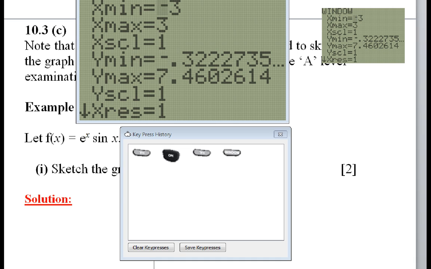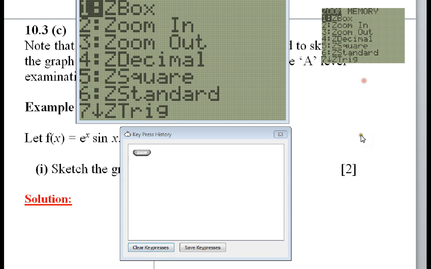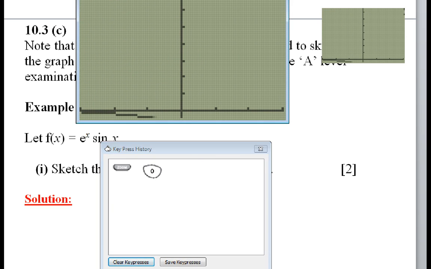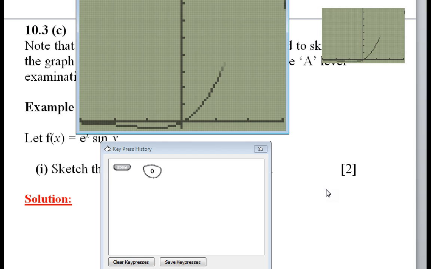So I force the GC to only sketch from -3 to 3. Then I am going to zoom 0, which is a zoom fit. And the GC gives me this shape. And you should be able to reproduce this shape on your script, which is exactly what you see on your paper actually.